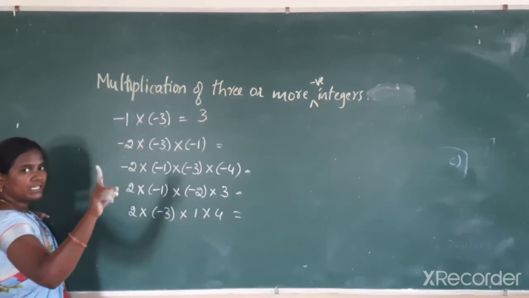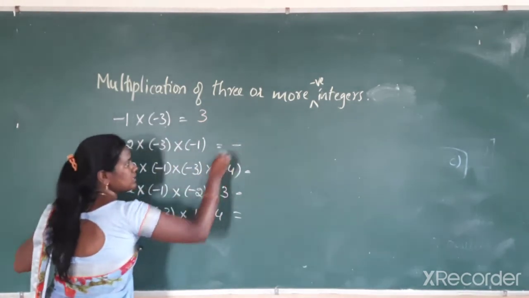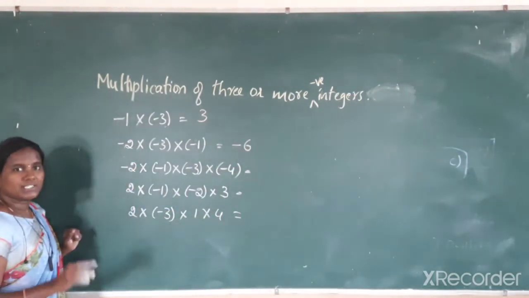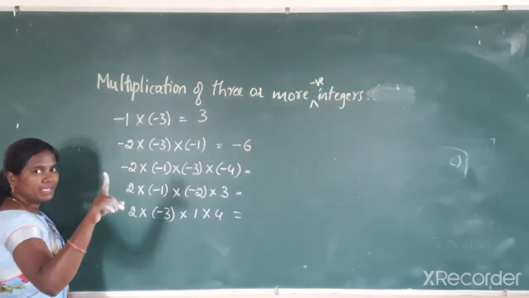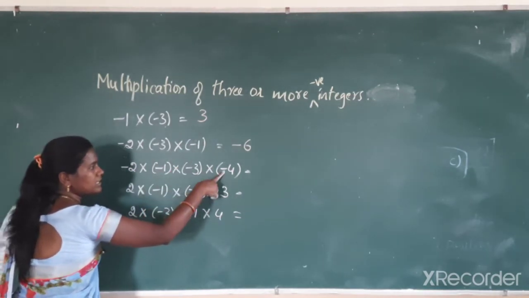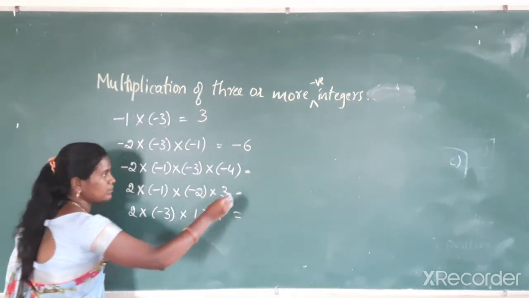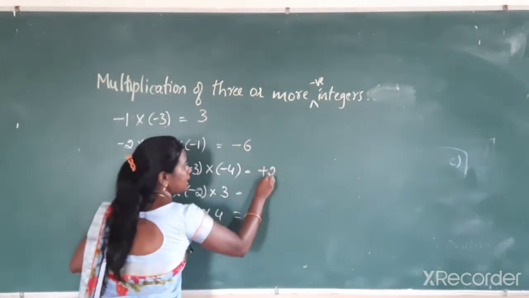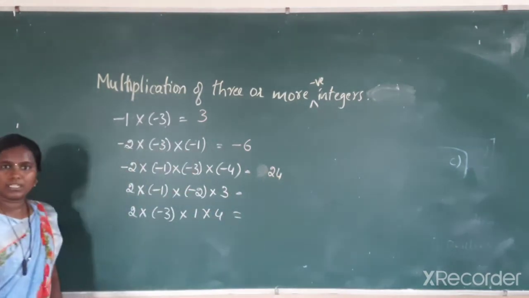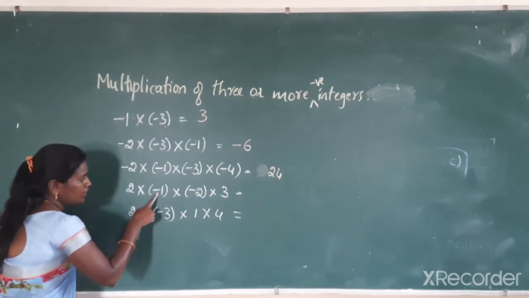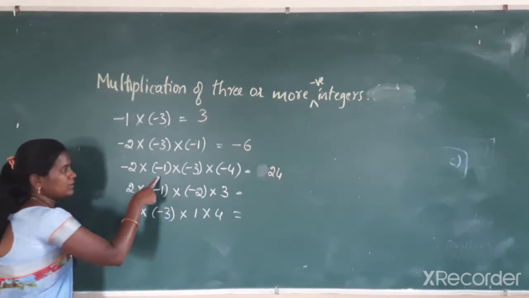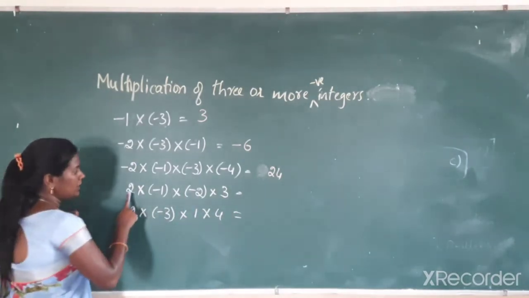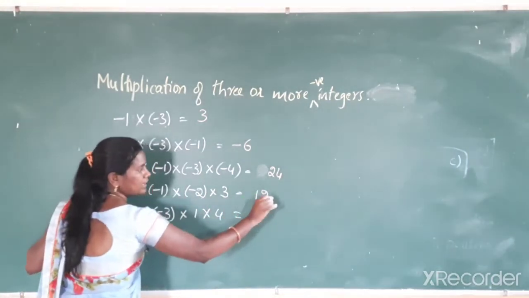Minus into minus is plus, plus into minus is minus, so the answer is negative: 2 threes are 6, 6 into 1 is 6, so -6. Next, minus into minus is plus, plus into minus is minus, minus into minus is plus, so it is plus. 2 threes are 6, 6 fours are 24. No need to write plus here. Now plus into minus is minus, minus into minus is plus, plus into plus is plus, so we get positive: 2 twos are 4, 4 threes are 12, it is 12.